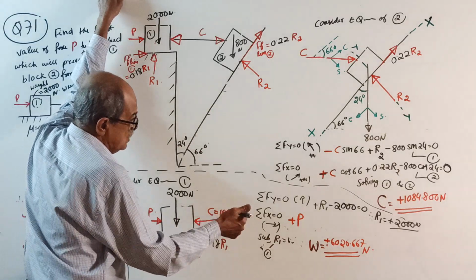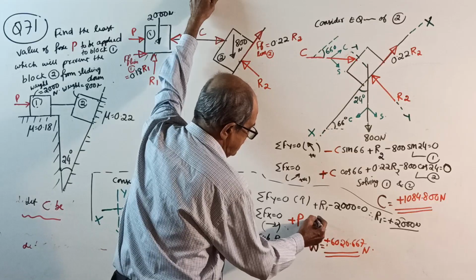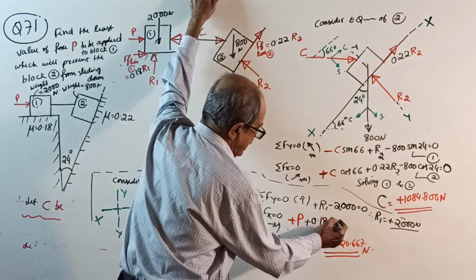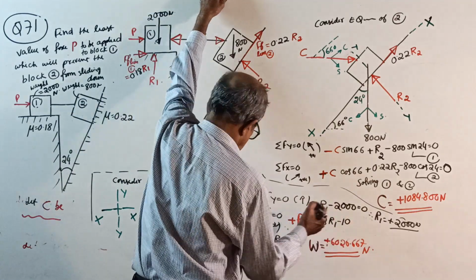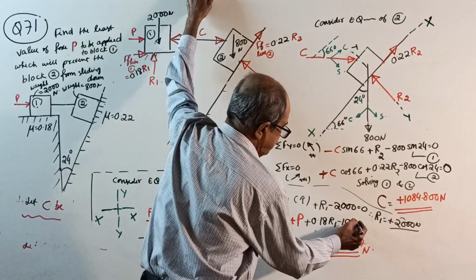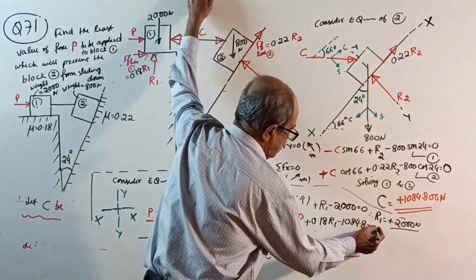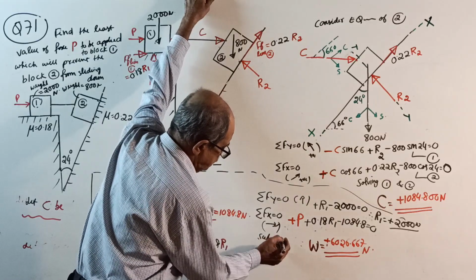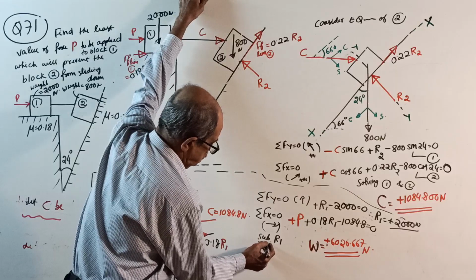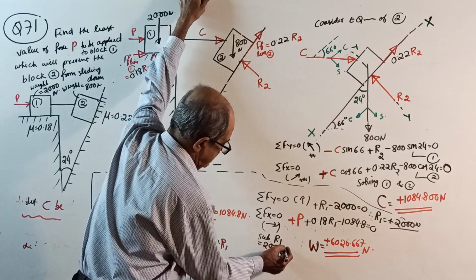plus 0.18 R1, then minus 1084.8 equals 0. Substitute R1 equals 2000 Newton, whatever you got there.